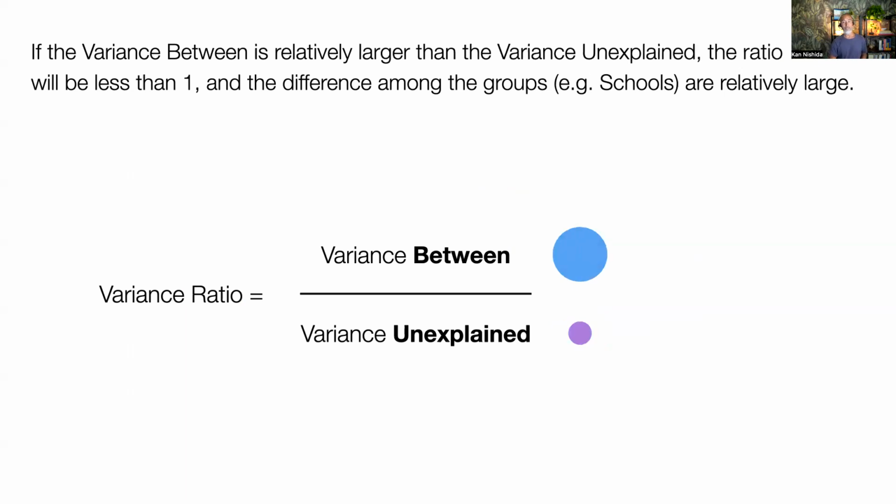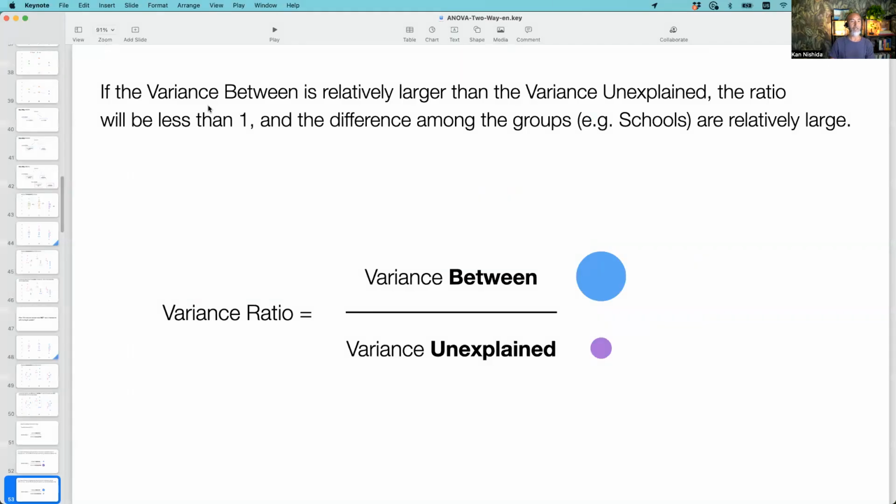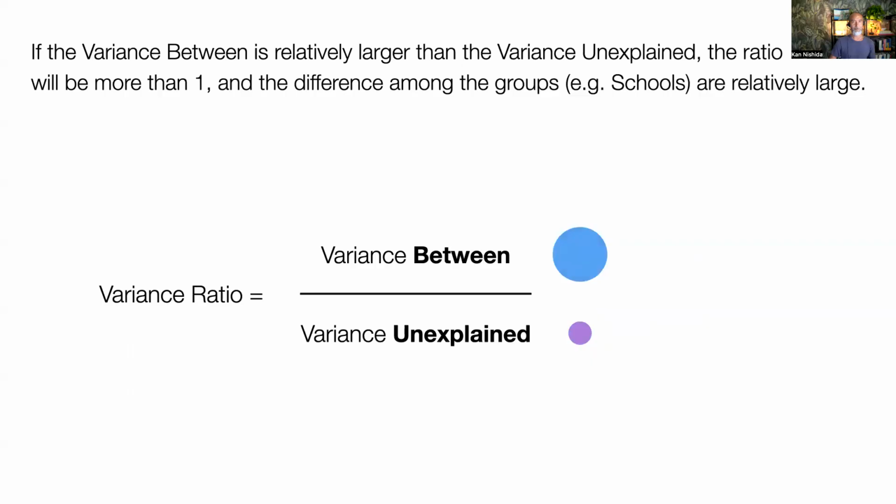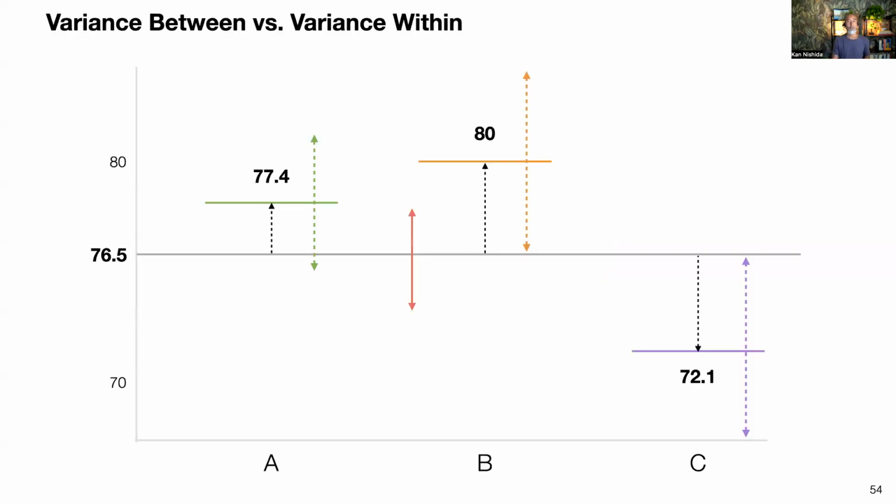But on the other hand, if the variance between is relatively larger than the variance unexplained, then the ratio will be more than 1, right? Because the upper part is bigger. Then that means the difference among the groups, in this case the schools, is relatively large. So let's take a look.